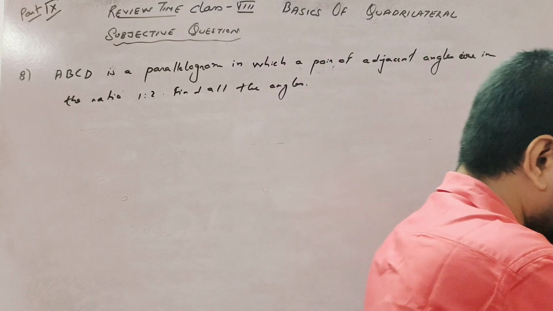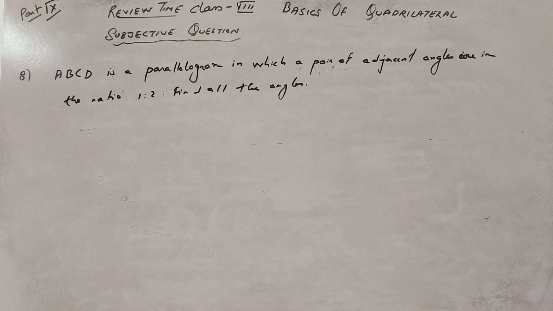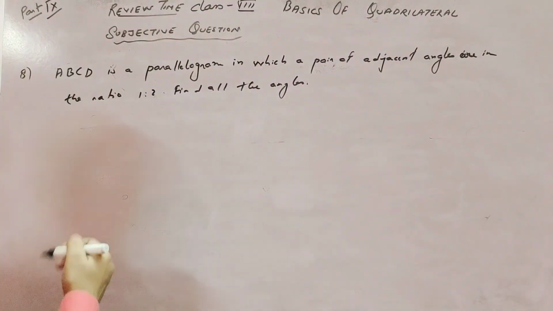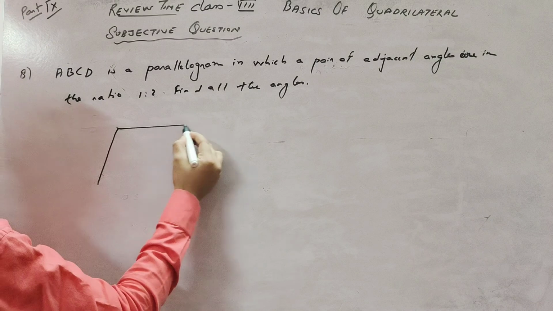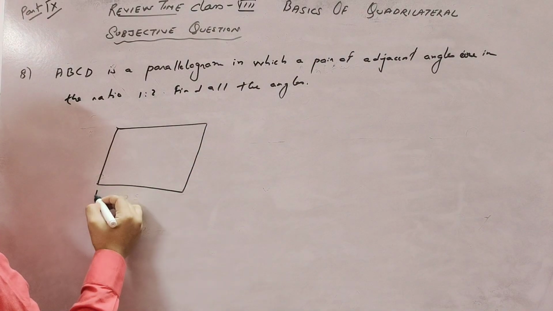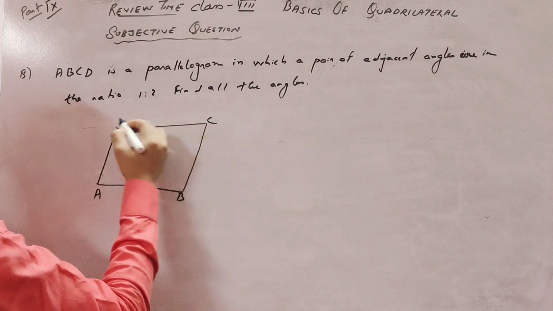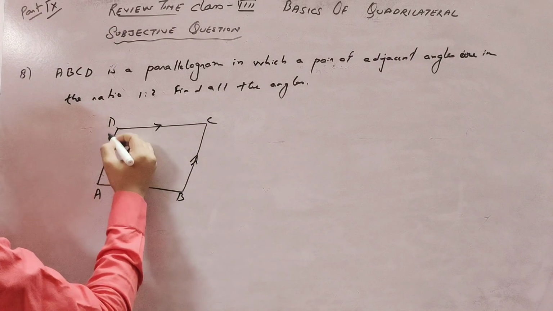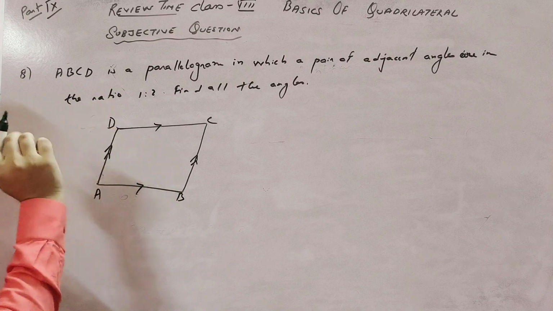See the question. ABCD is a parallelogram. First of all, you draw a parallelogram. Clear?